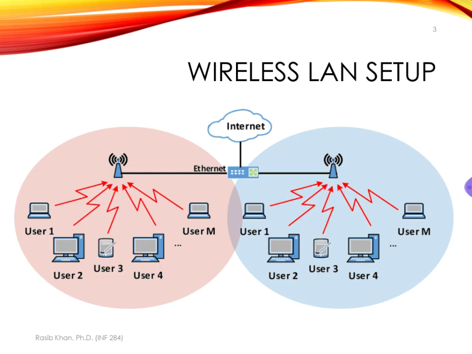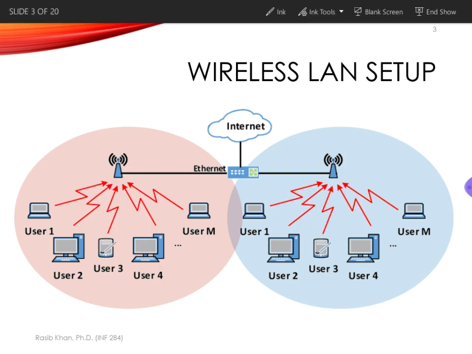To look at a very simple wireless LAN setup, it looks something like this, where you have the internet, which is the larger network in the backbone, and then you have an Ethernet router which allows your wireless network to connect to the rest of the network.